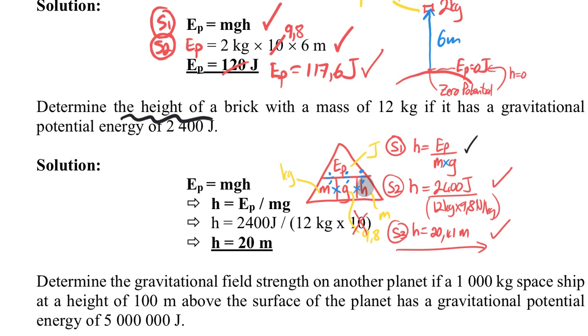So we have the mass of the spaceship, we have its height, we're told what its gravitational potential energy is, we want to know what the gravitational field strength is on that planet. So pause the video and try and work this out using the formula triangle that we have given you.